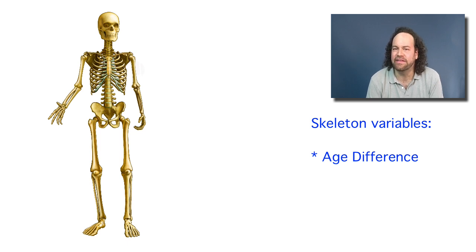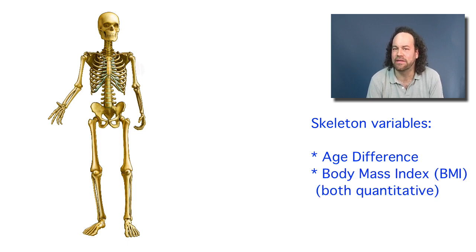Well, one is the body mass index, or the BMI, of the person at the time of death. We might think that if the person was heavier, had a larger BMI, maybe that made it harder to estimate their age, or maybe easier, or maybe it made the estimates tend to be too large or maybe too small. We might not be quite sure, but we might think there's some relationship.